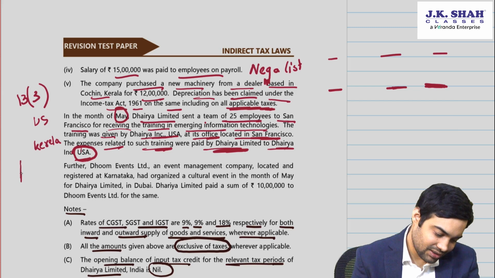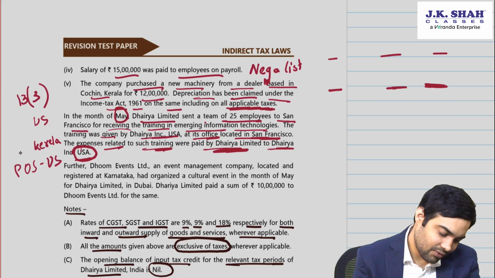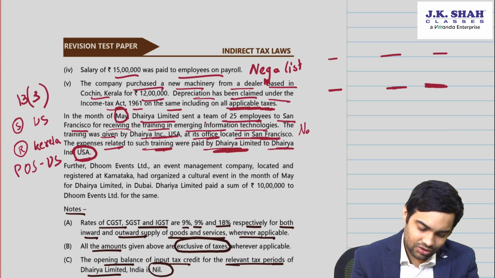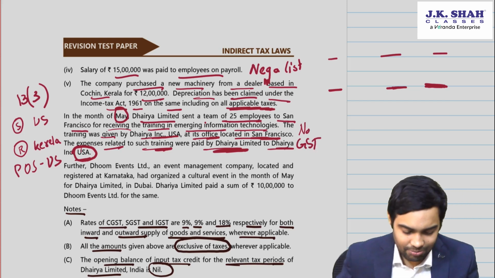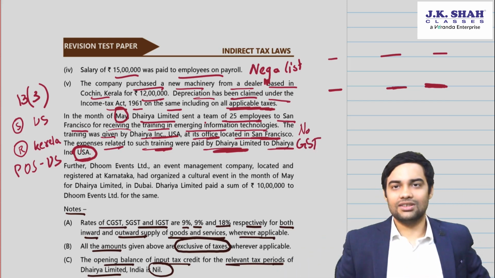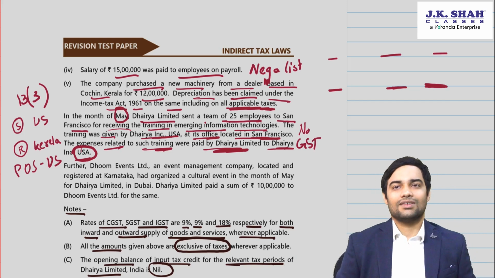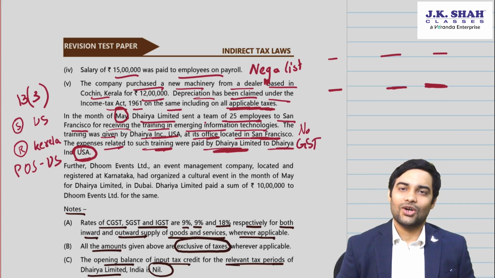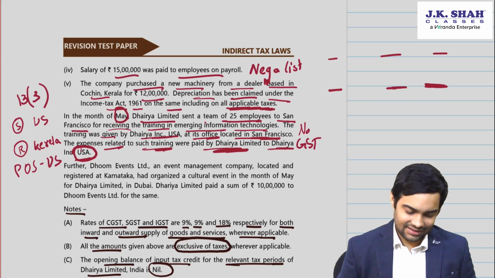So when the service is performed in US, now supplier is in US, place of supply is in US, whether it will be an import of service? The answer is no. There will be no GST on this because the place of supply is outside India. As the place of supply is outside India, this would not be a taxable transaction.